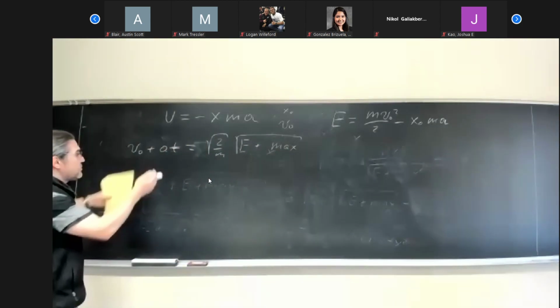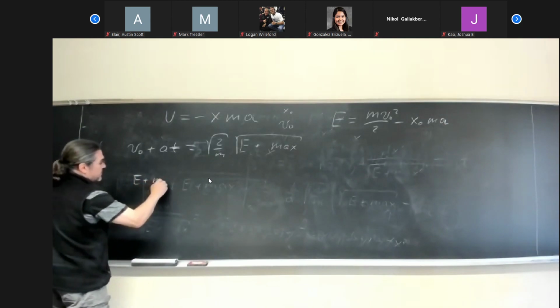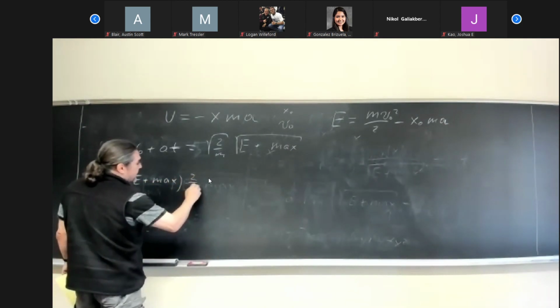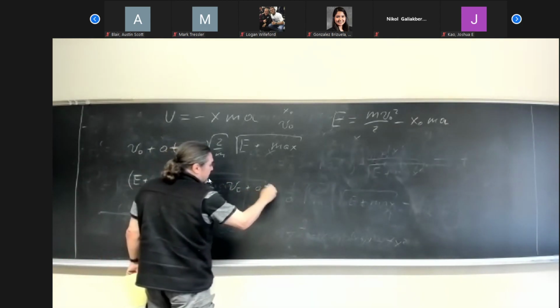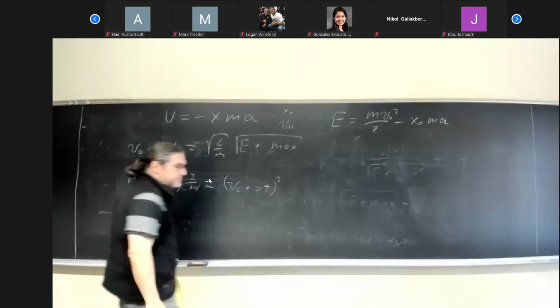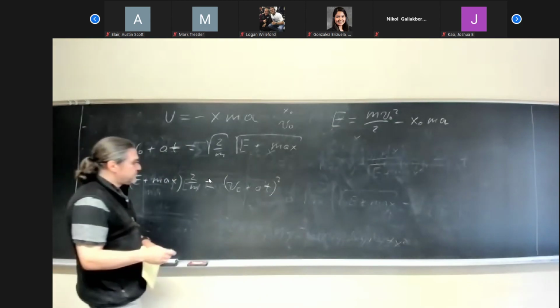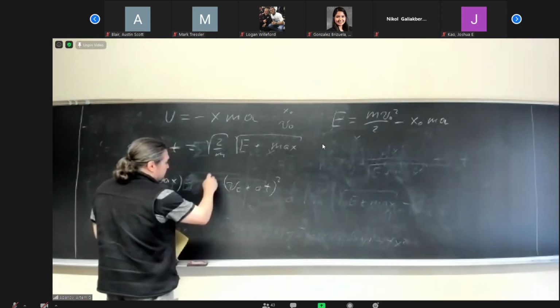So what I need to do then is to say that e plus max times 2 divided by m must be equal to v naught plus at, squared. Right? That's my expression now. Okay, so let me move this m over 2 to the other side.